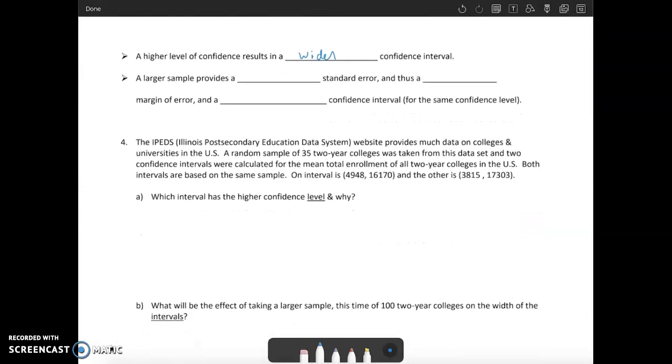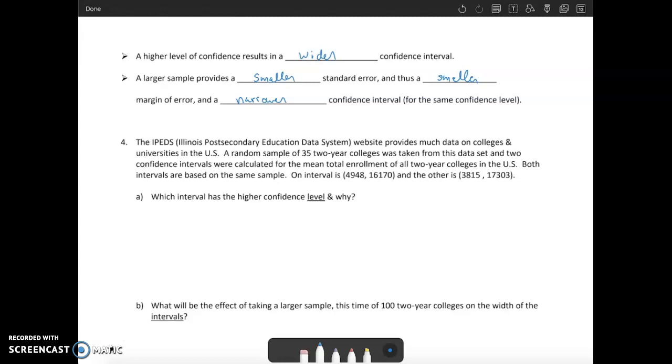A larger sample provides a smaller standard error and thus a smaller margin of error, and that ultimately results in a narrower confidence interval at the same confidence level.